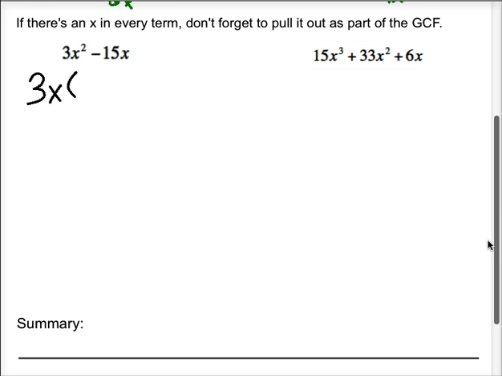So 3x squared. Well, 3 divided by 3 leaves me just 1. X squared, and I'm pulling an x out, so I decrease this exponent by 1, which just leaves me with a 1x in there. Negative 15 divided by 3 leaves me -5, and I'm pulling out the only x there, so no x remains.